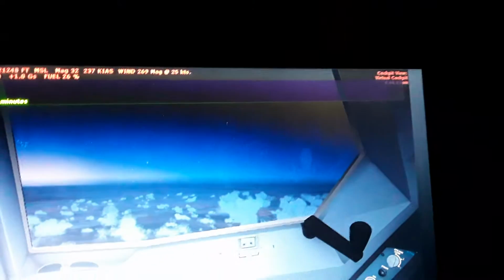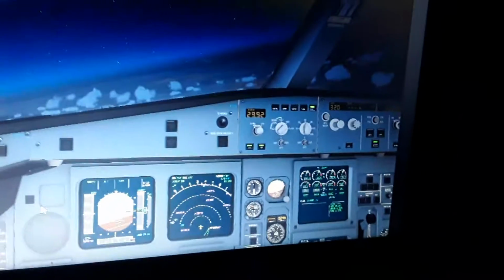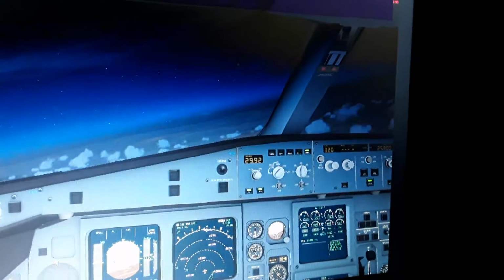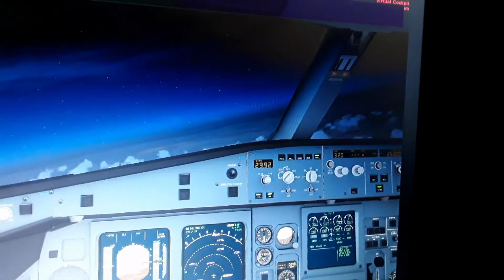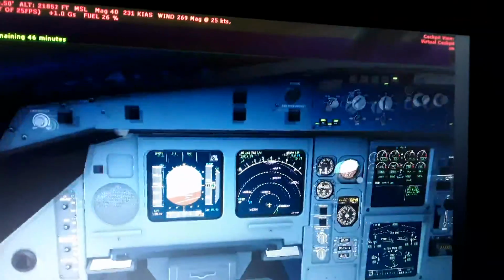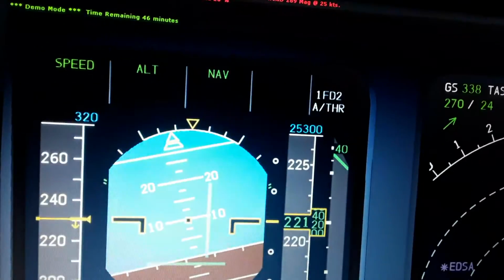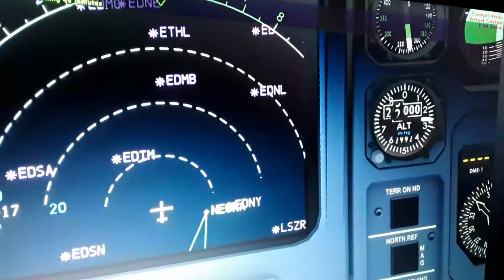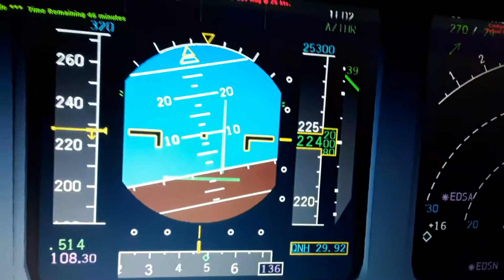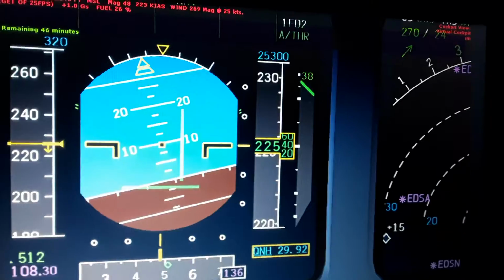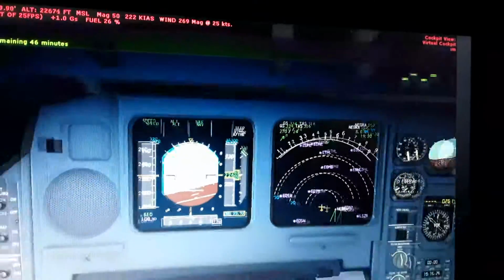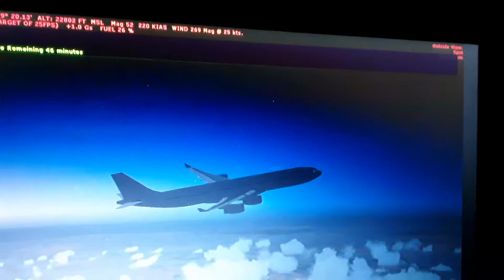We're gonna start turning a little bit to be closer to the airport, save some time. 16 more minutes to go. Keep climbing, turning towards the airport. 22,000 feet. Maybe we have some chemtrails right now.